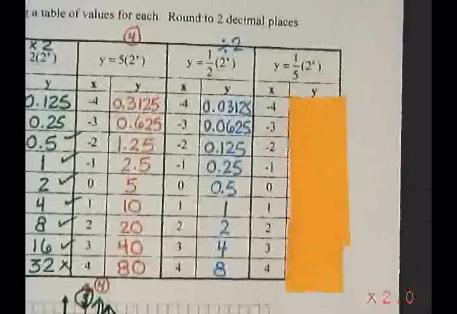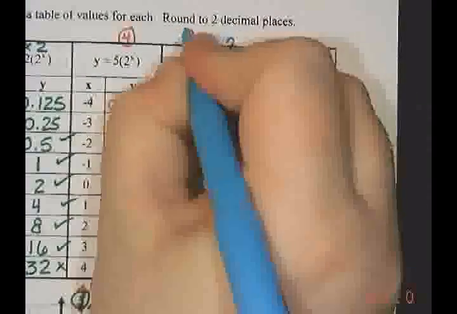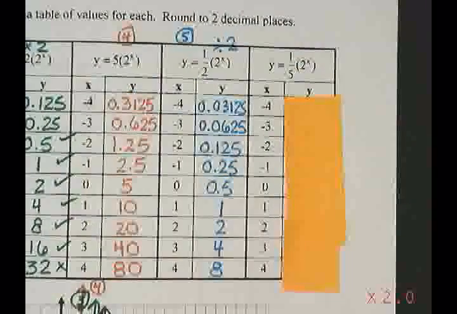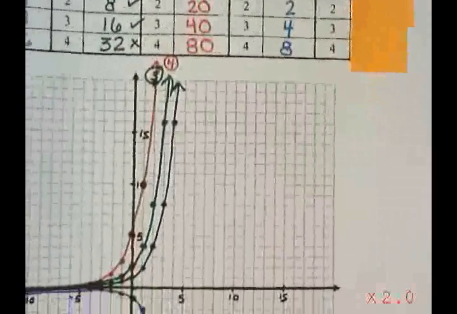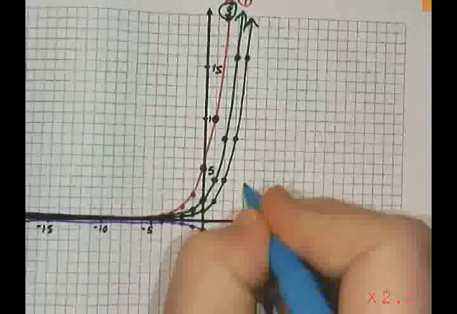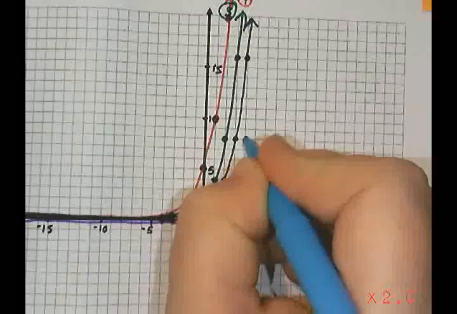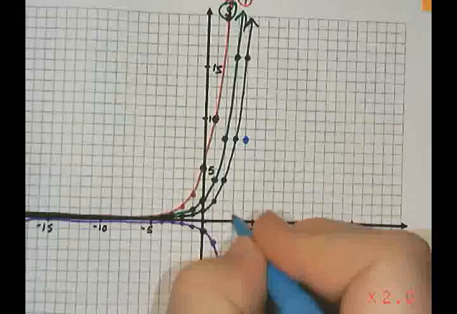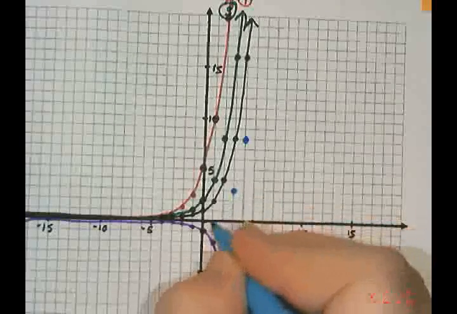And then I am going to very quickly plot that. So this will be our graph number 5. So I start with the numbers I can actually see first of all. So 4 and 8. So 4 and 8 would be there. And then 3 and 4.